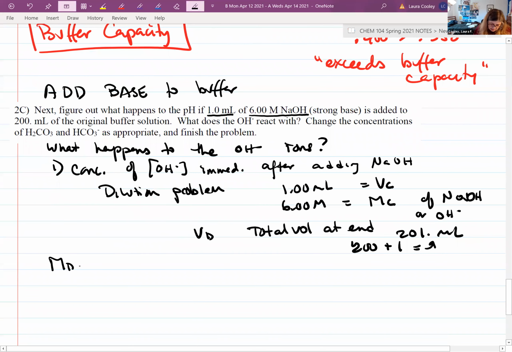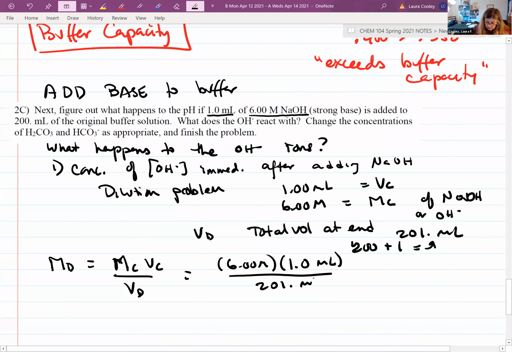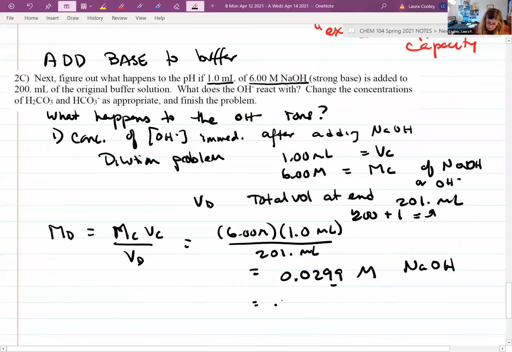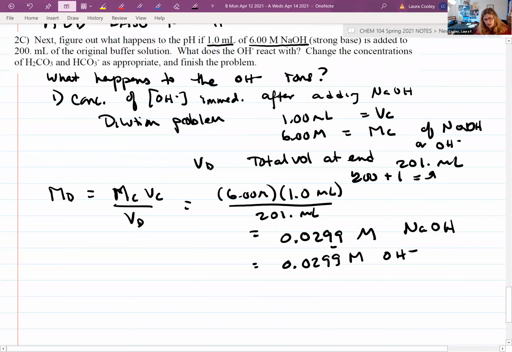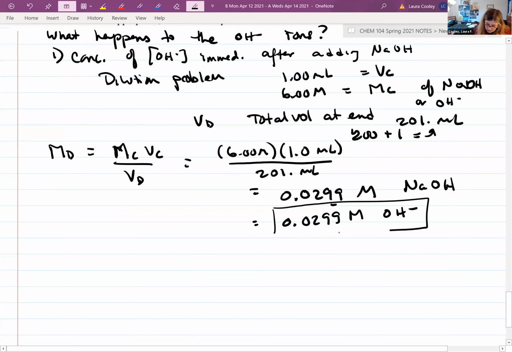So MD is MCVC over VD. This is the same calculation. 6 molar times 1.0 milliliters over 201 equals 0.0299 molar of NaOH, which is also 0.0299 molar of OH minus. So that is the concentration of hydroxide that we have put in this solution.